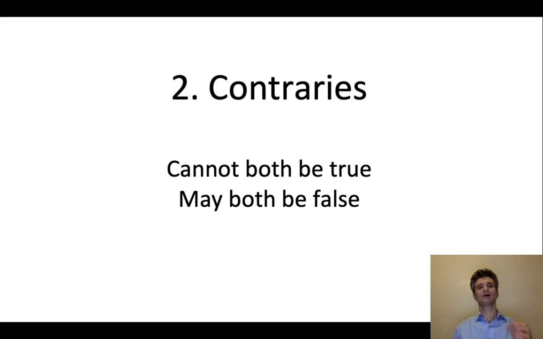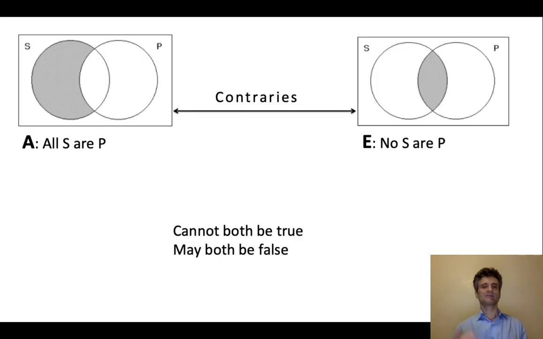It's impossible that they both be true. However, it is possible, but not necessary, that they are both false. As I said, this is the only relationship between the universal statements A and E.